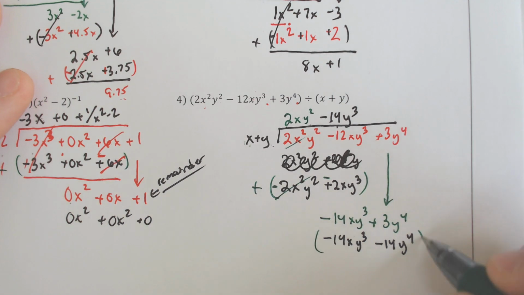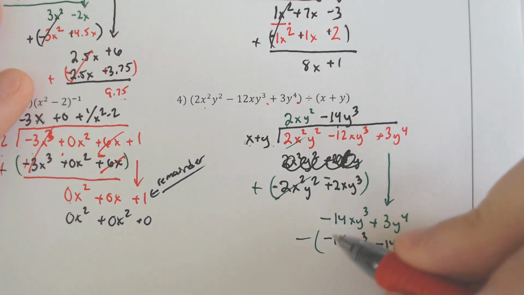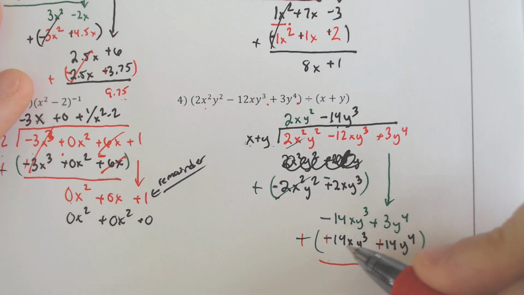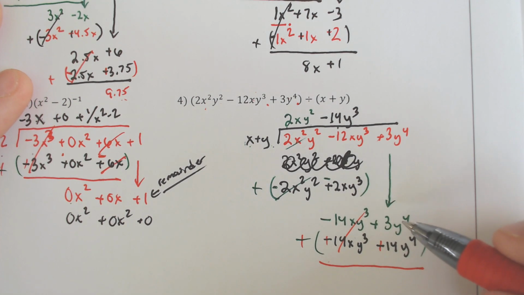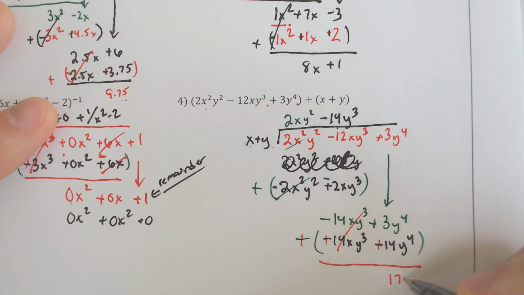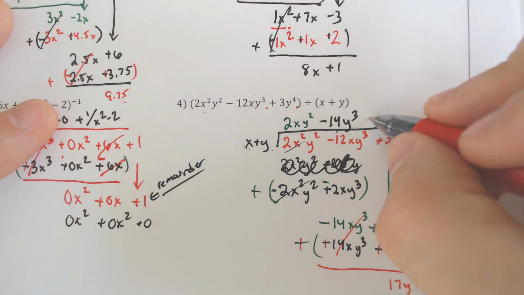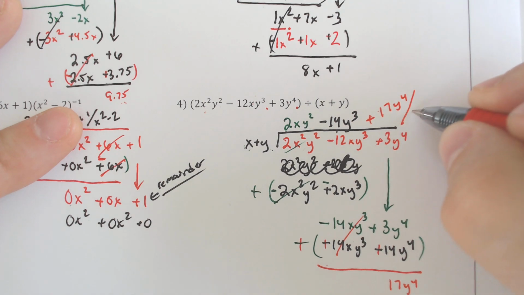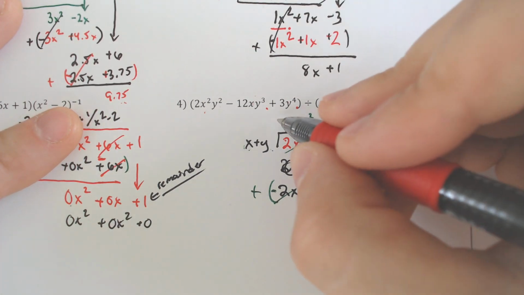Distribute your negative. Change the sign, add straight down. First term cancels. Next term turns into 3 and 14, they're both positive, so this would be 17y to the fourth, and that is our remainder. So plus 17y to the fourth divided by the original x plus y.